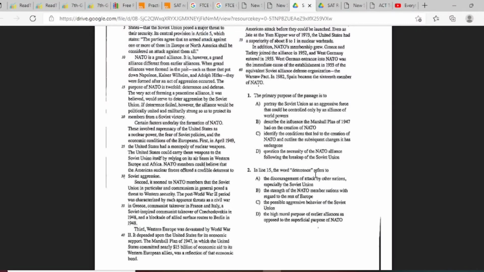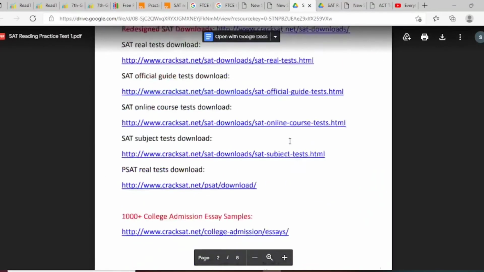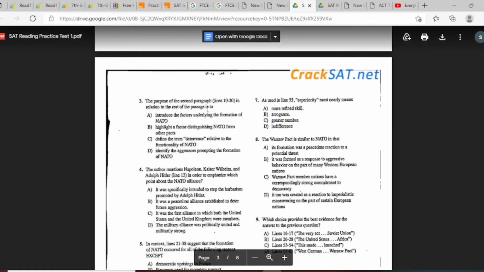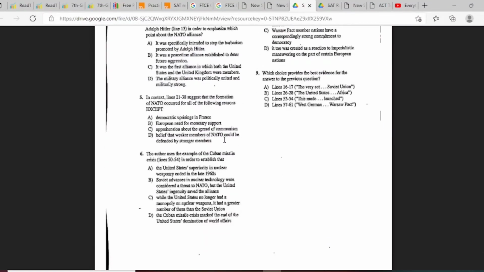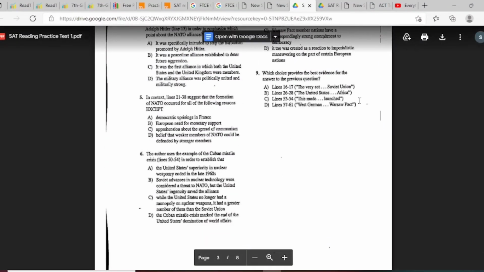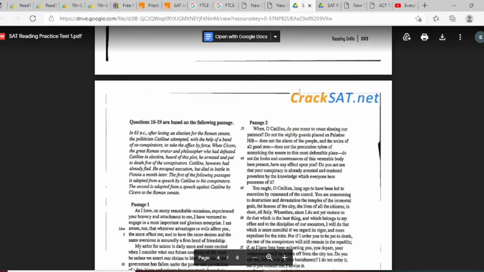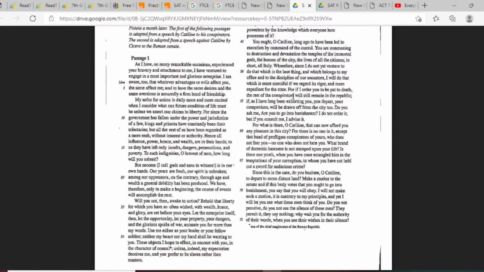You're going to see a question like this, in line 15, the word, because it's a vocabulary type question. You're going to see a question like this with purpose, to find the purpose of something. The only question stems you're not going to see are the ones asking you to look for the best evidence. But it's very good practice.